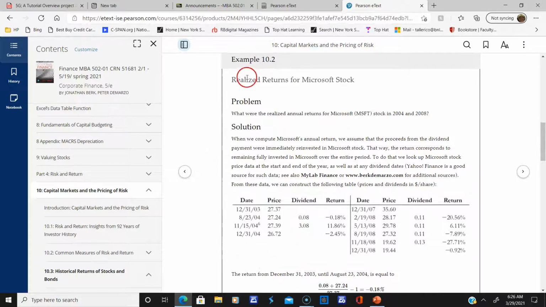And here is another example. Here's Microsoft stock, and you basically have here the date and different dates and different prices and different dividend yields. And here's the different returns. This is the return from here to here. You'll notice it's negative, and here's the return from here to here.